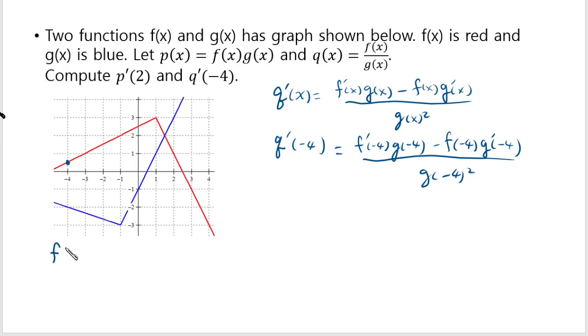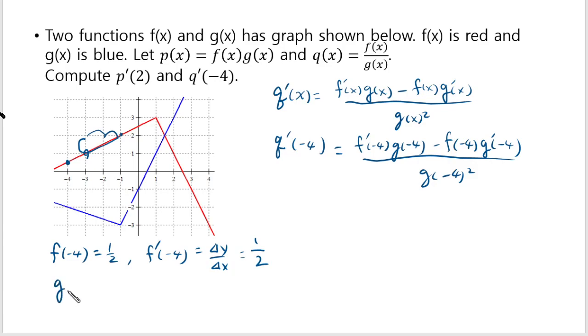What is f at -4? Well, it's halfway between 0 and 1, right? So it should be 1/2. And then f'(-4) is this slope. This is a straight line, so we just have to figure out this slope. Rise is 1, run is 2. So change of y over change of x would be 1 over 2.